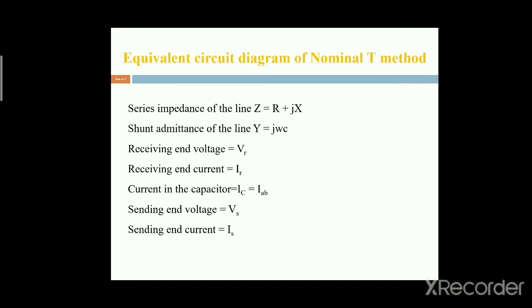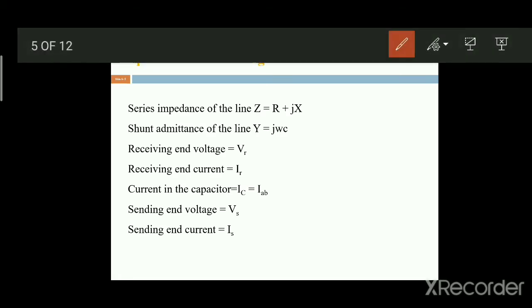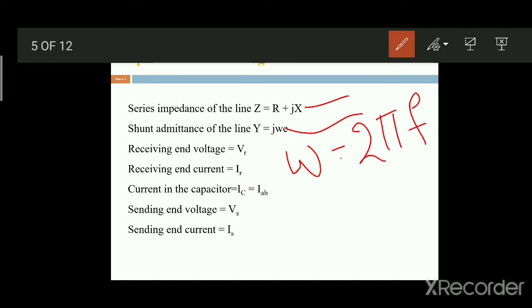Next, coming to the series impedance of the line, that is Z. Z is equal to R plus jX. Next, coming to the shunt admittance, that is Y. We already know from the previous derivation, Y is equal to j omega C, where omega is equal to 2 pi f. Next, VR is the receiving end voltage.